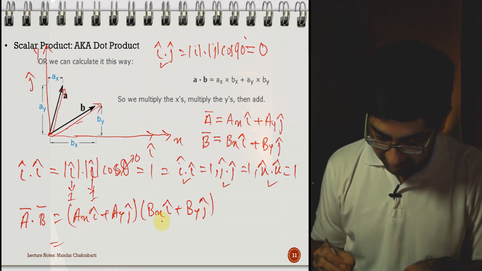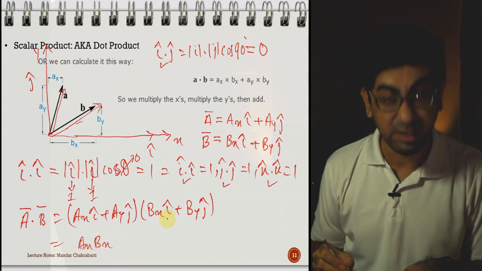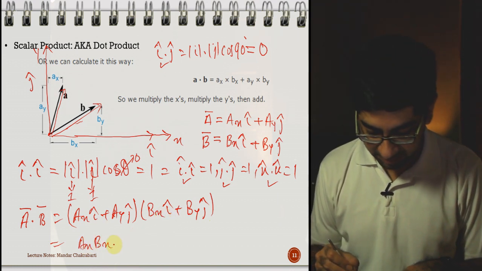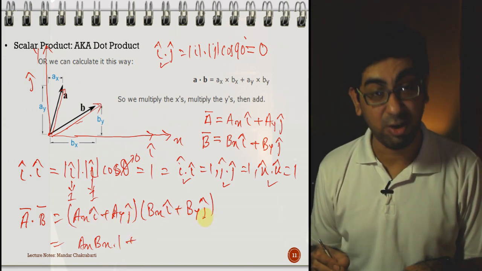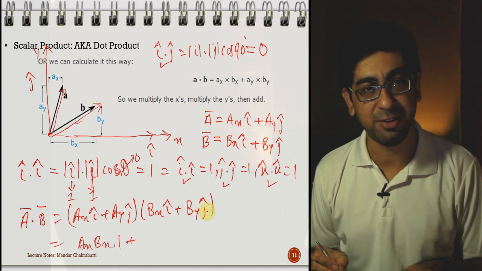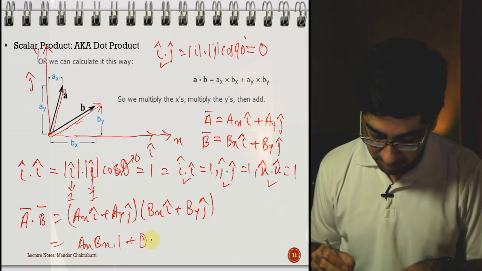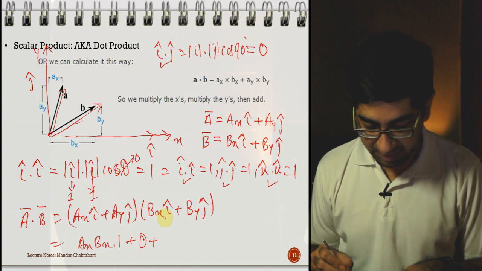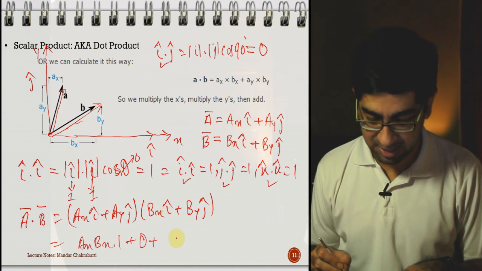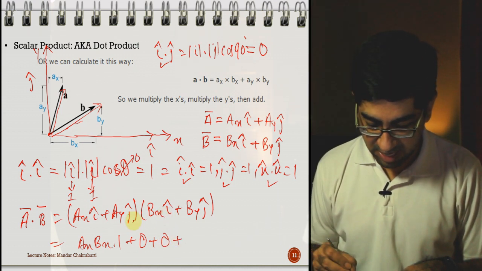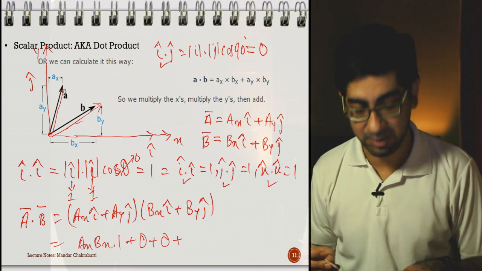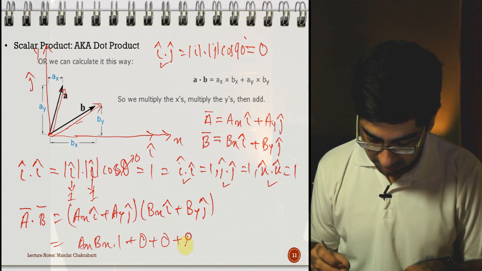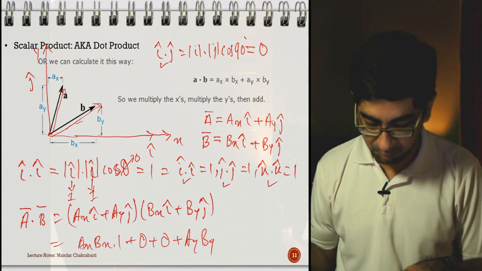So what do we get? ax into bx and i dot i, which is possible, so that is 1, plus ax into by, i dot j, which is not going to give me any result, that's a 0, plus ay j dot bx i, again a 0, and finally ay j and by j, which ends up with a 1 product, so ay by.